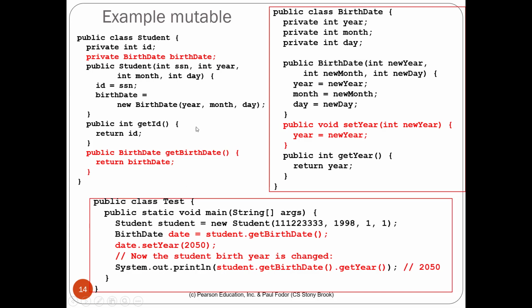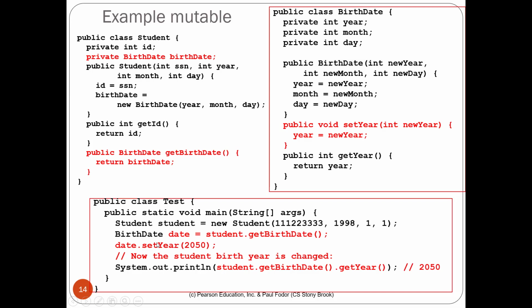Now since this BirthDate class has a setter in it, which is setYear, you can exploit this loophole. The BirthDate object has a setter method in it. We have copied the reference of the birthDate field for this student object into the date reference variable.